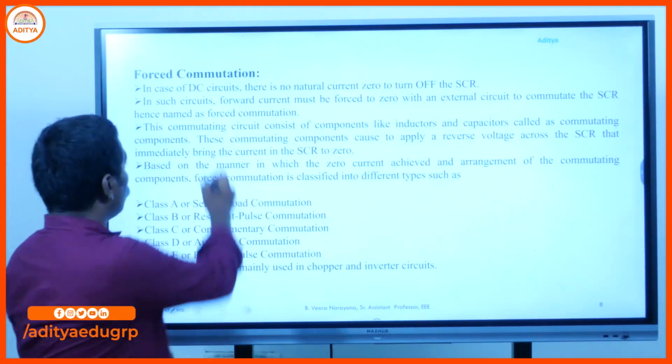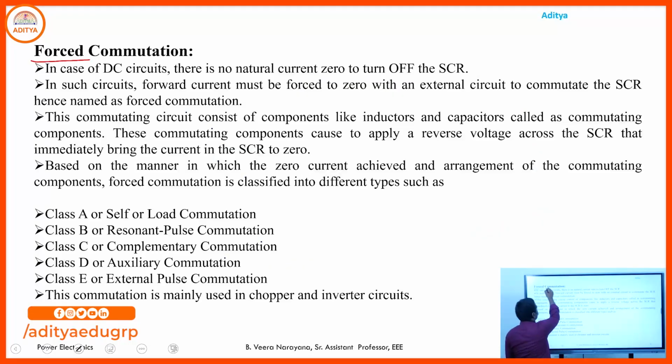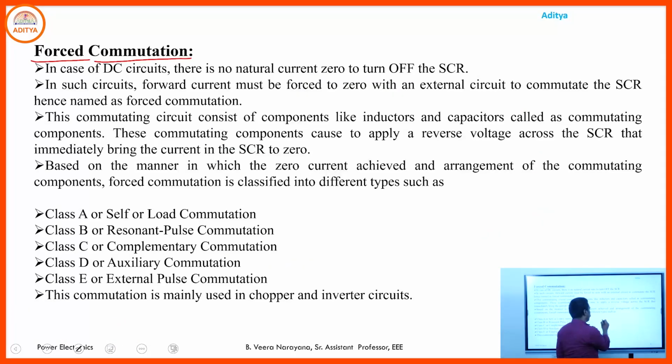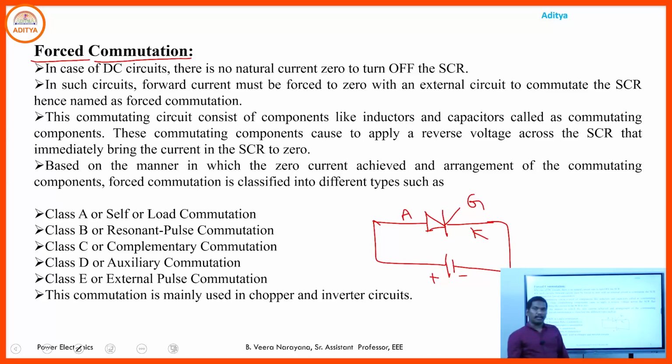Coming to forced commutation, if you go through this DC supply, whenever the SCR is energized by the DC source, here this is the anode, cathode and the gate, it is the positive terminal and it is the negative terminal.